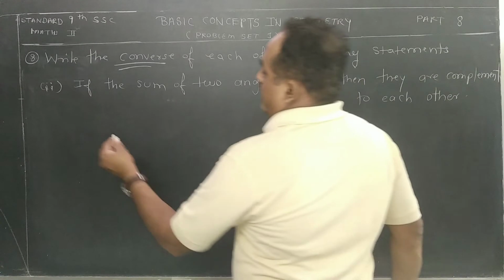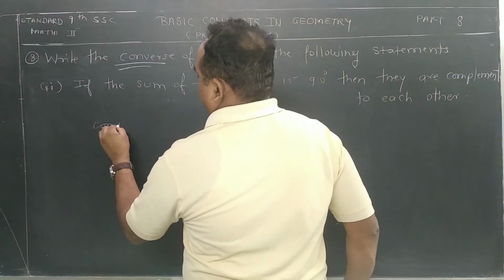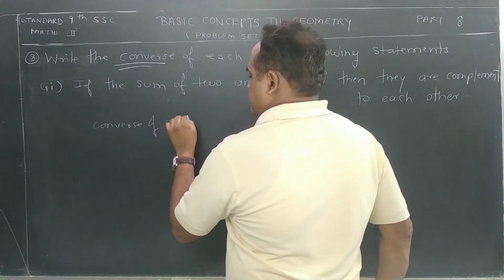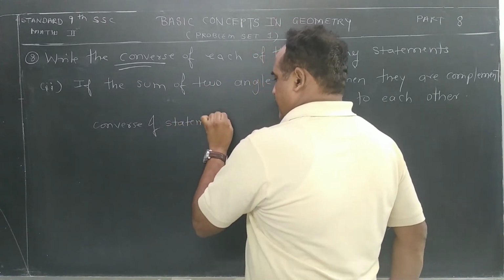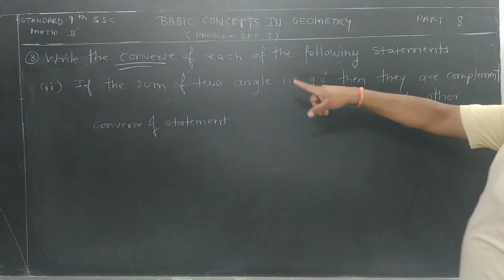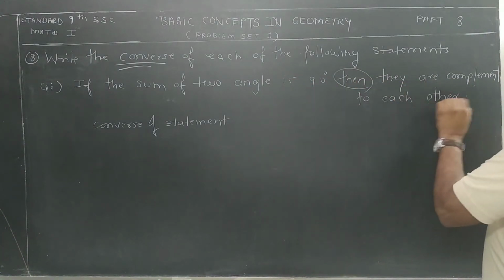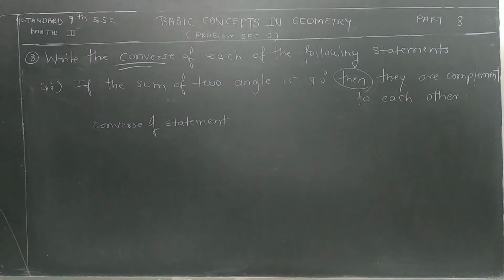Okay. Now, the converse of the statement. If the sum of two angles is 90 degrees, then they are complementary to each other. Correct? Now, we have to make this the given and this what to prove.